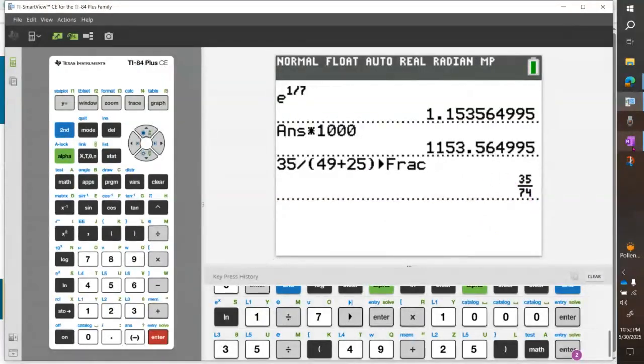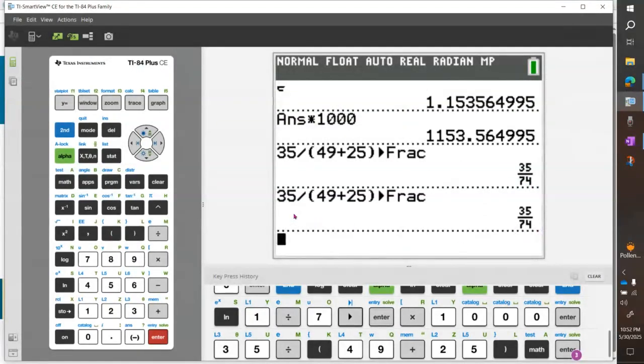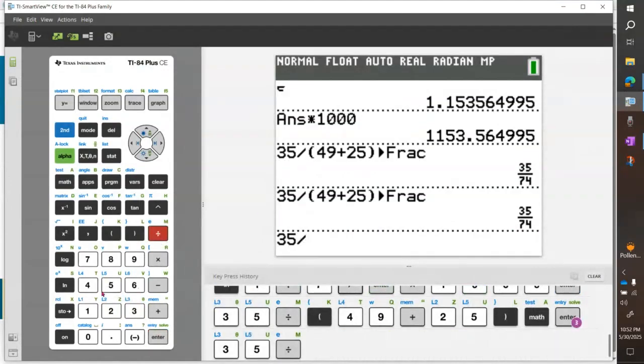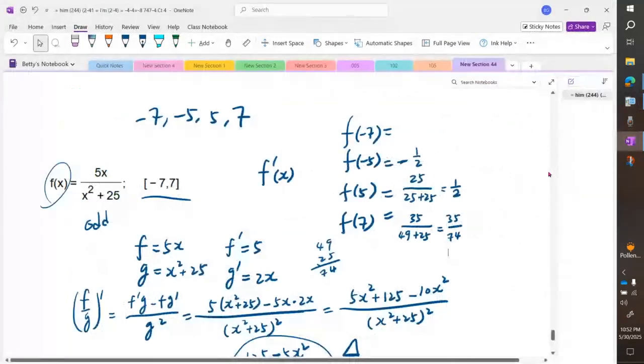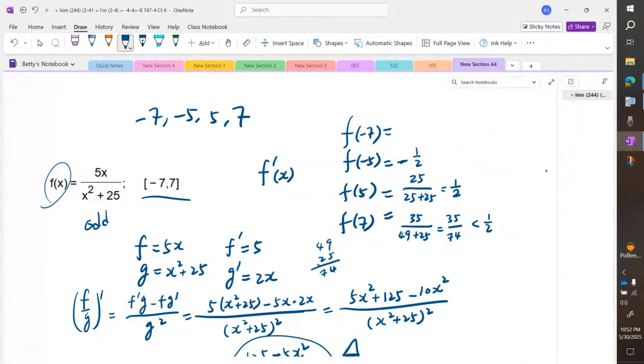Yeah, it is already simplified. You want to know the decimal? 35 divided by 74. As a decimal, it is less than half, right? So yeah, it's less than half. And f of -7 also, using the property of odd function, is going to be -35 over 74.